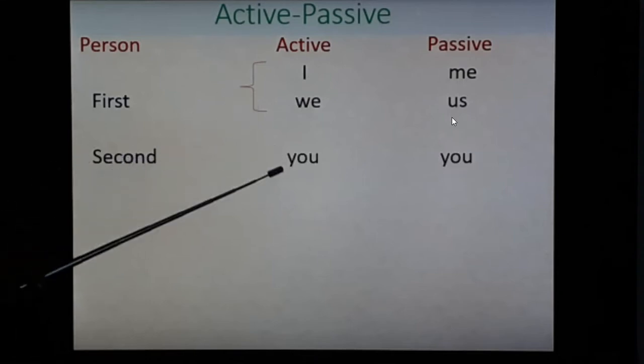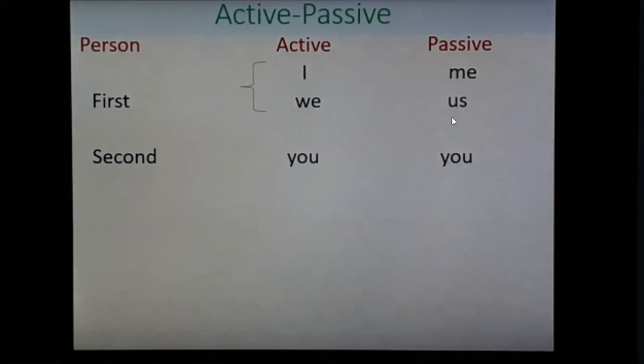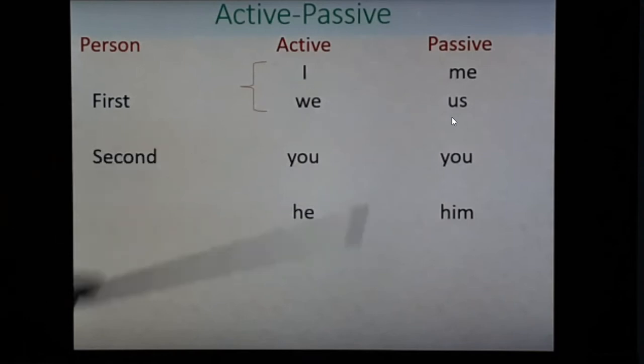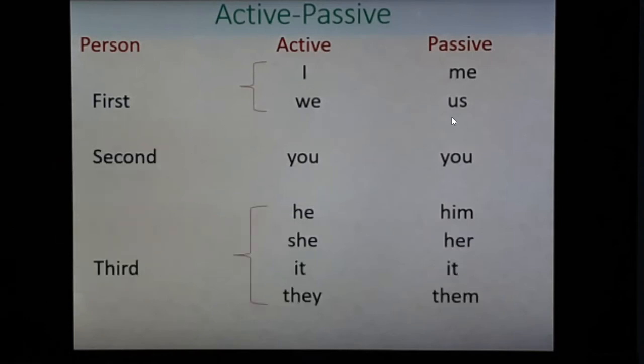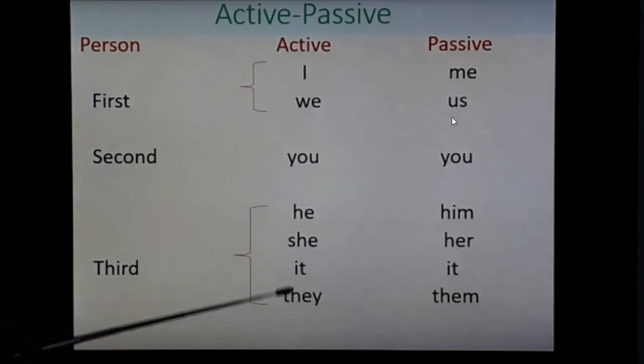Second person, you will be the same in passive voice in singular and plural both. And in third person, he in active voice turns to him in passive voice. Same way she to her, it to it and they to them.